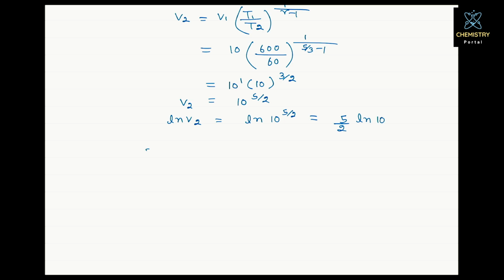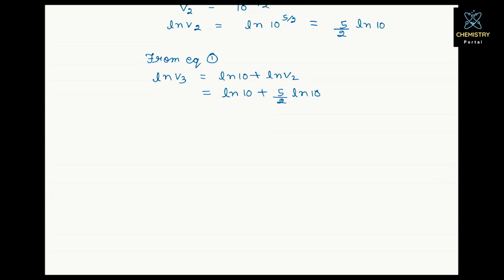From equation 1, we put in the ln V2 value. Equation 1 was ln V3 equal to ln10 plus ln V2, and ln V2 is 5 by 2 ln10.